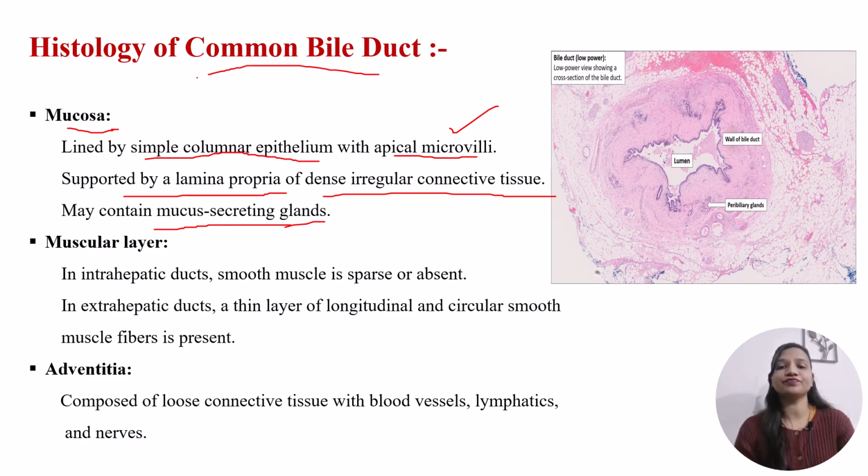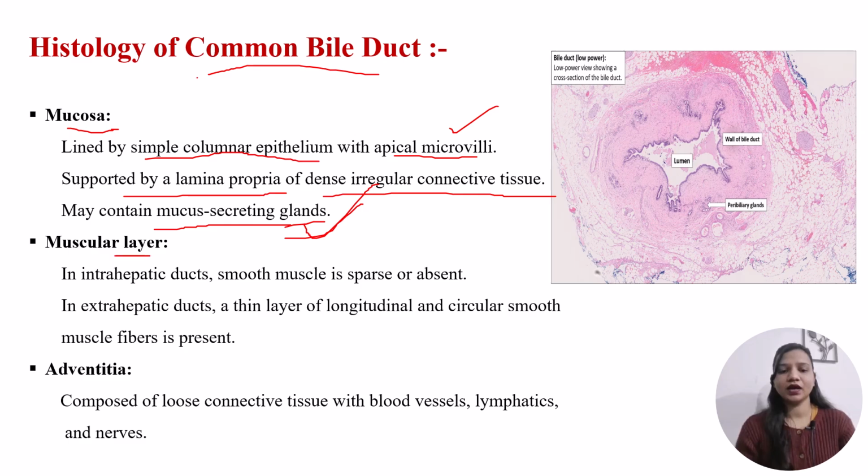Because there is a continuous flow of bile through the common bile duct. So to protect it from the bile acid as it flows continuously through it, and also to lubricate the inner surface of the common bile duct, the mucus secreting glands are needed here. So that's why they are present in the common bile duct.